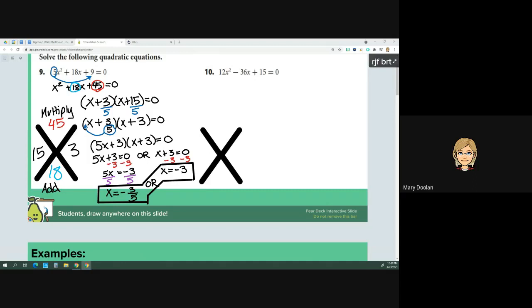And you can even check those. If you were to replace the x up at the top in the original equation with either value of x here and then simplify it, you would get 0 equals 0 both times. So one of these is the solution.